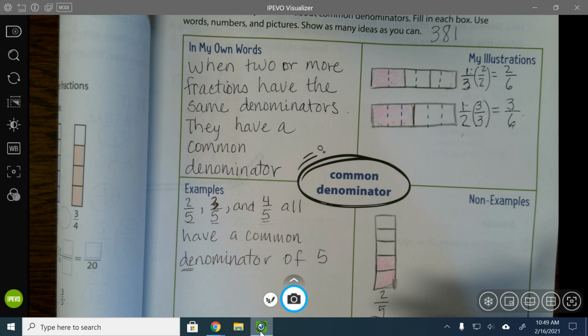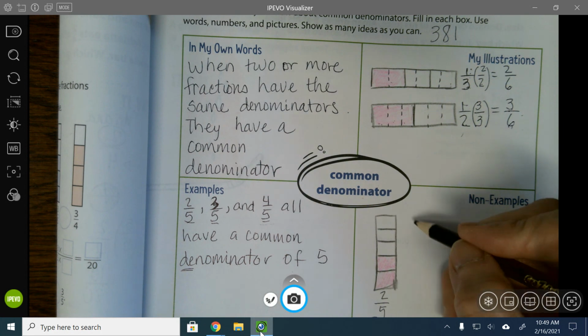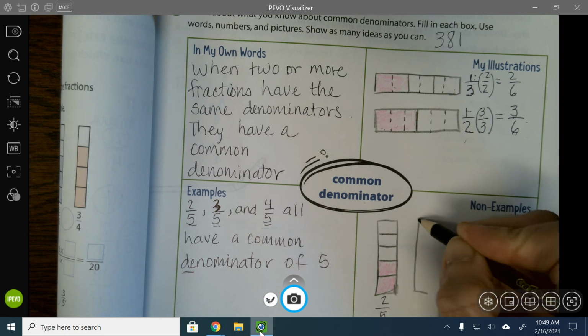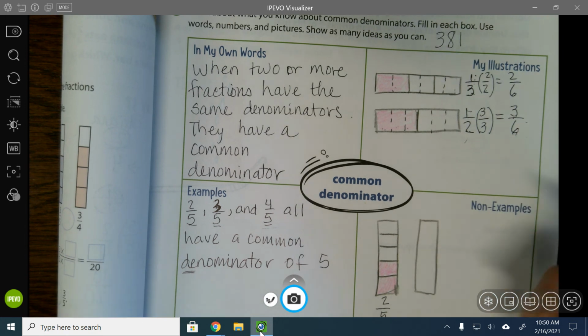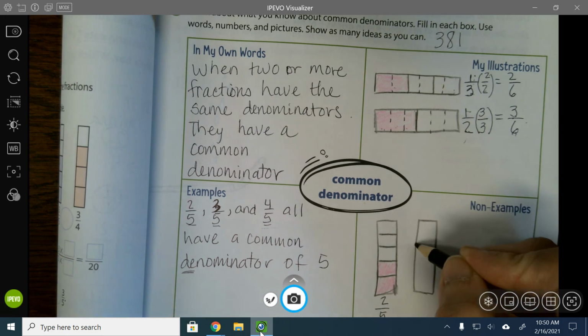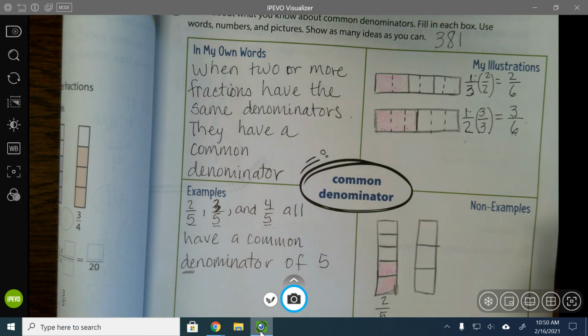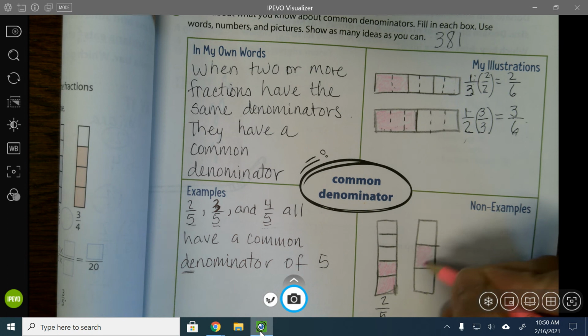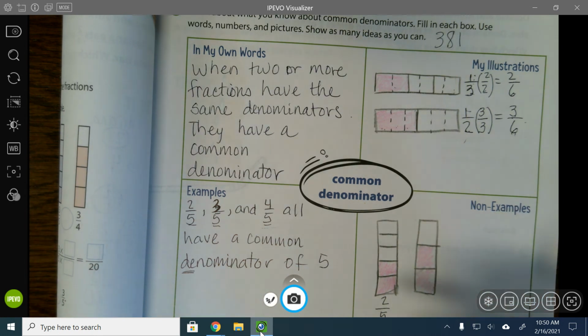And I want to compare this to the next whole bar. With this next whole bar, I'm going to cut this into 3 pieces. 1, 2, 3. And I shade 2 pieces. I say I'm going to compare that. This is going to be 2/3.